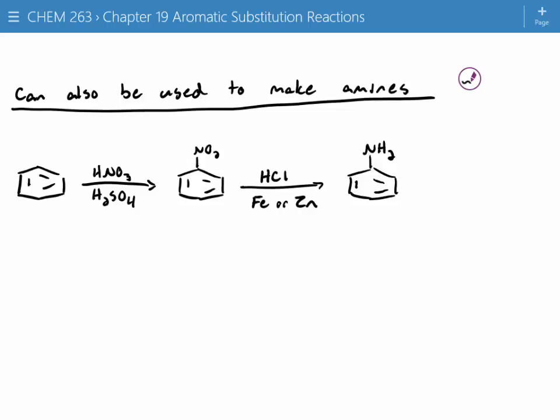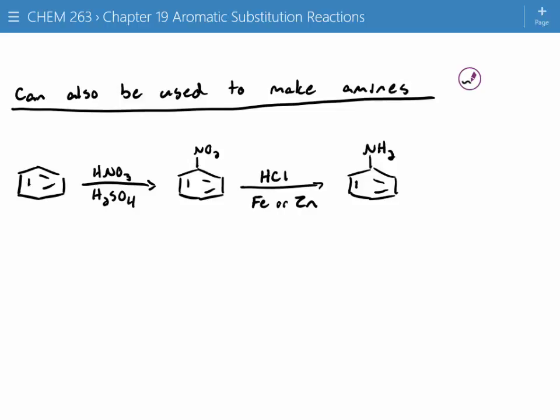And again, this kind of goes back to the idea of directing groups. If we think about a nitro group, is that electron withdrawing or donating? It's withdrawing. What about an amino group? It's donating, which is weird to think about. We would say, well, this bond's polarized. Nitrogen's electronegative, so there's a dipole going towards the nitrogen. But there's also resonance, right?